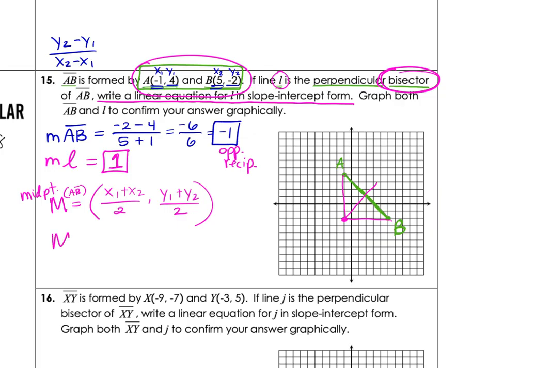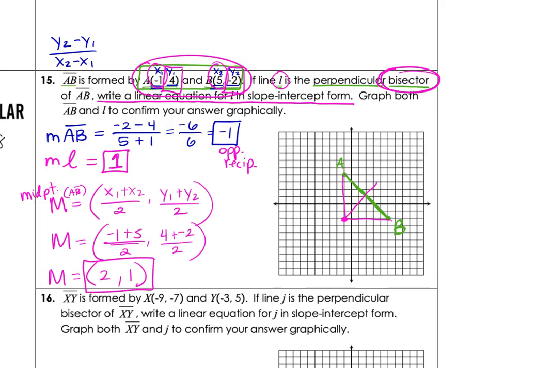So my midpoint is going to be x1 plus x2, -1 plus 5 divided by 2, and then 4 plus -2 divided by 2. Okay, so that makes my midpoint 4 over 2, or 2, and 2 over 2, so 1.